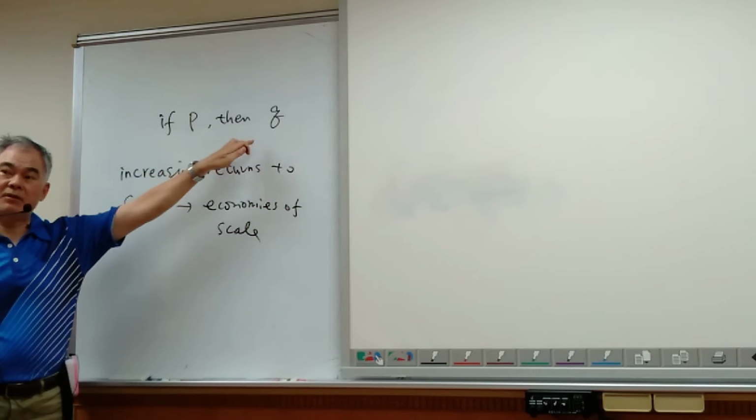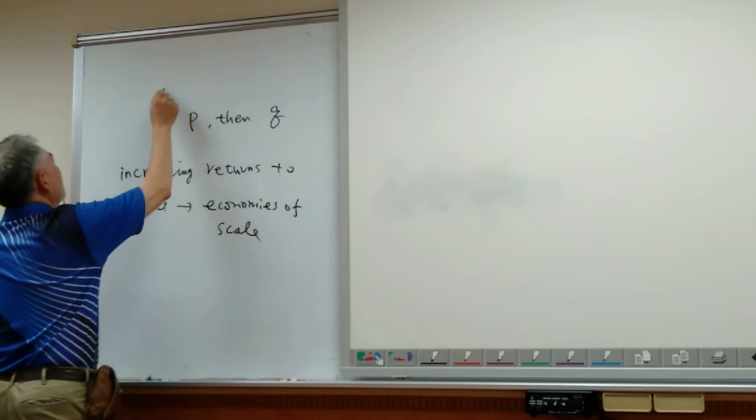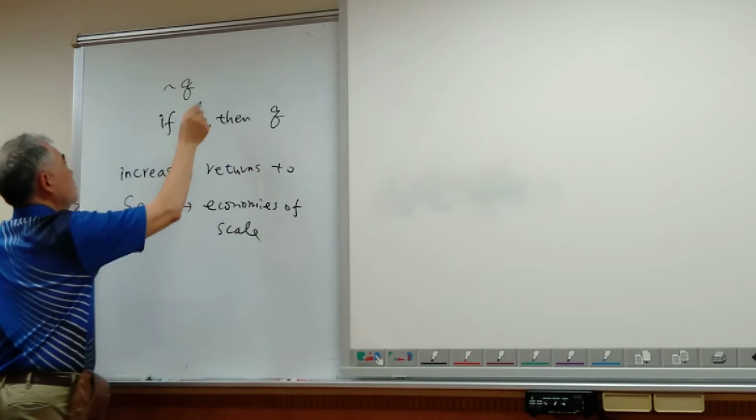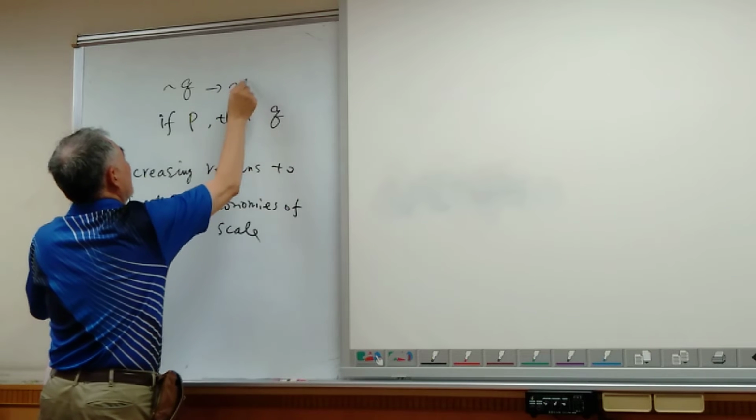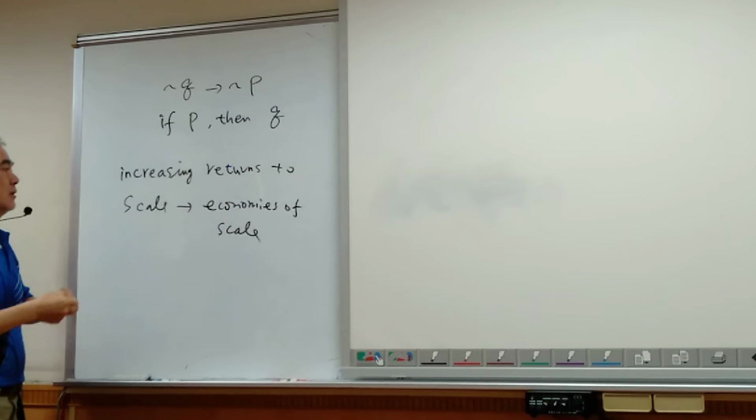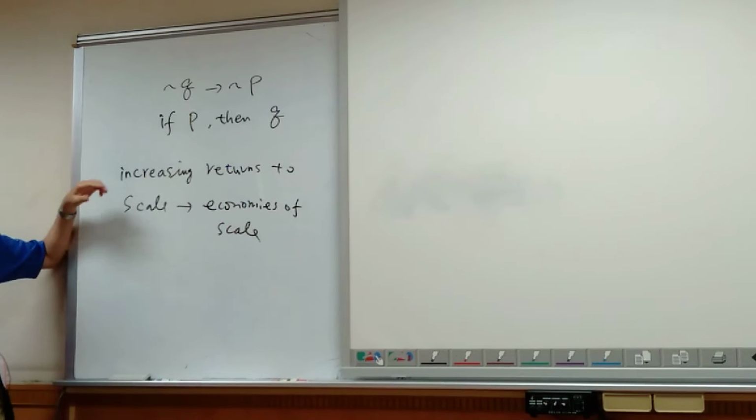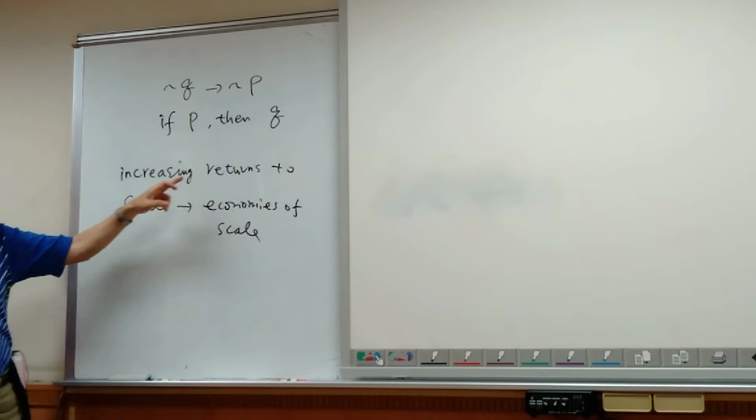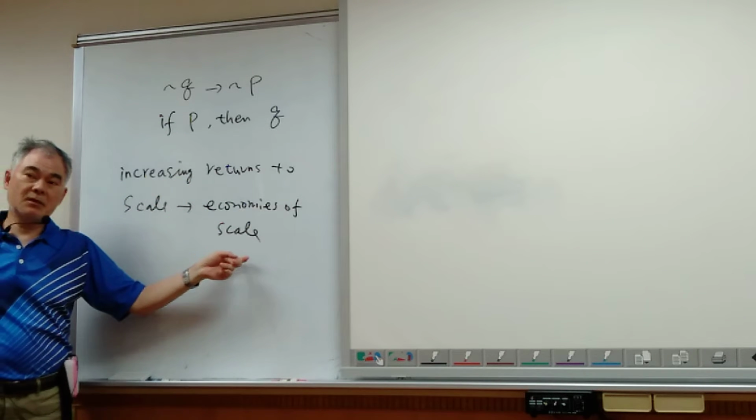If P then Q, if this is true, then non-Q will get to non-P, okay? So basically, we know that if we have increasing returns to scale, we get economies of scale.